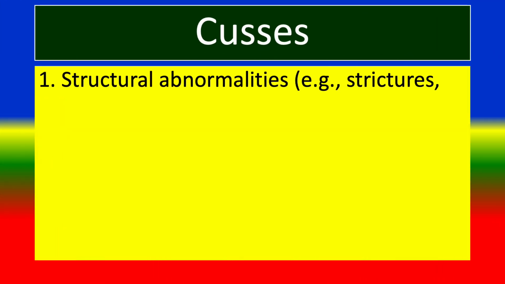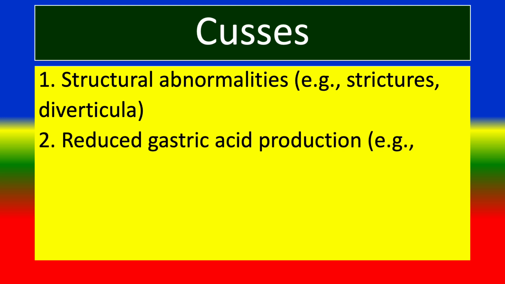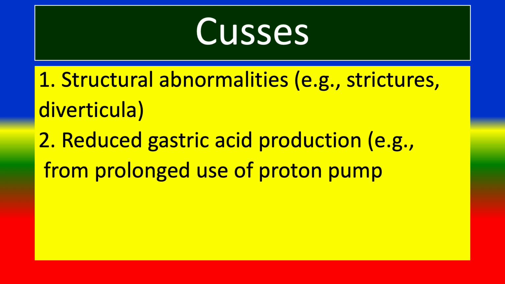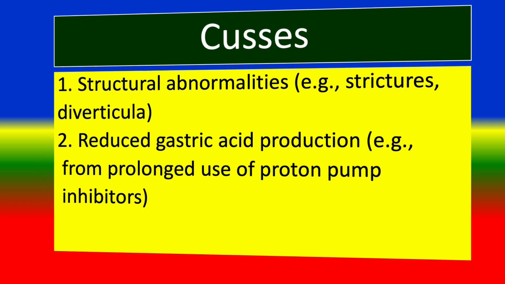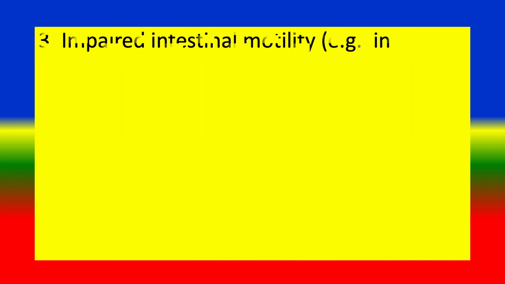Causes. 1. Structural abnormalities, example strictures or diverticula. 2. Reduced gastric acid production, example from prolonged use of proton pump inhibitors. 3.